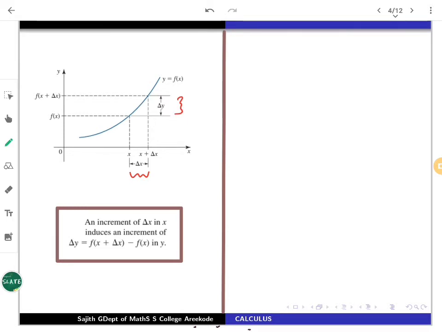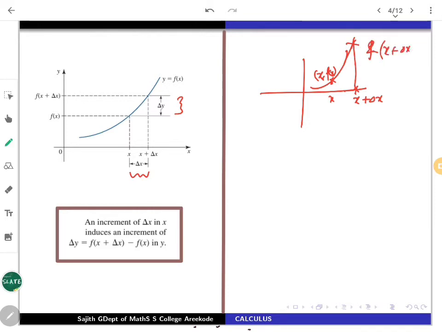Whenever we have the function y equals f of x drawn like this, each x input will give a point on the graph, x comma f of x. An increment, if it is on the positive side, will give you correspondingly x plus delta x on the right side, and the corresponding point is x plus delta x comma f of x plus delta x.